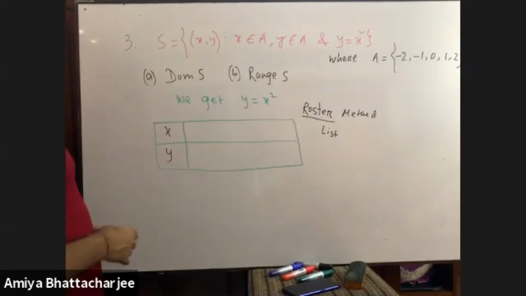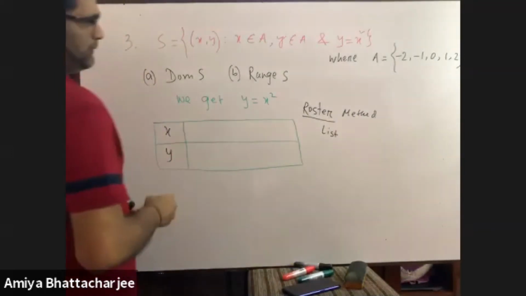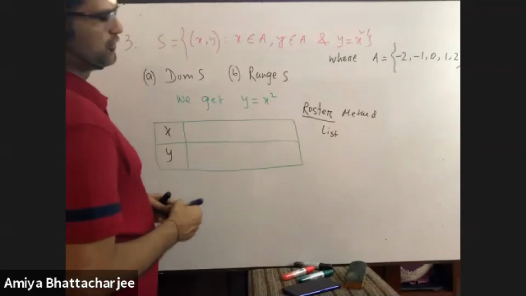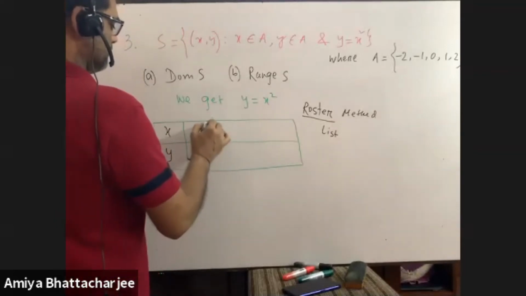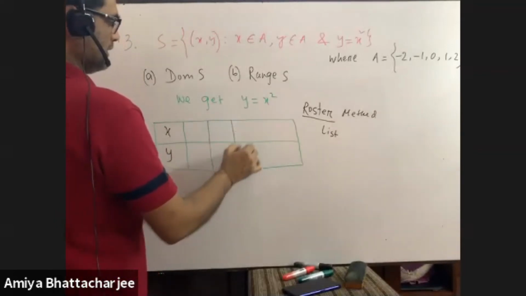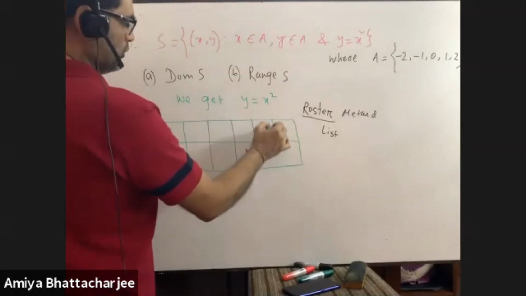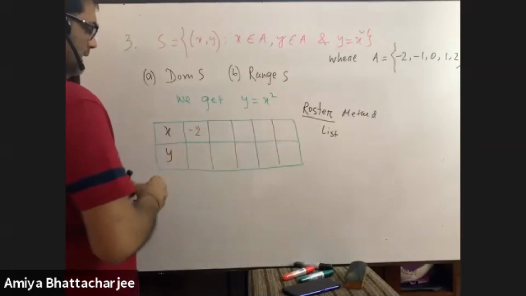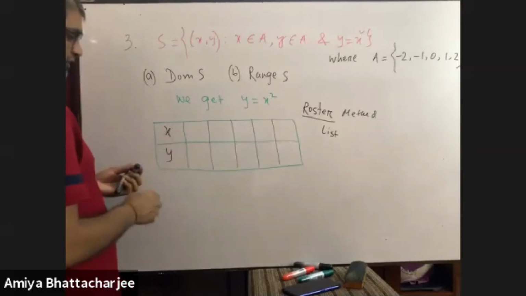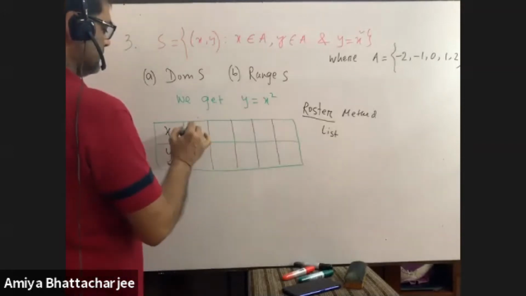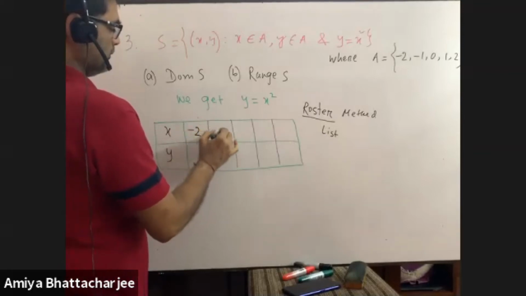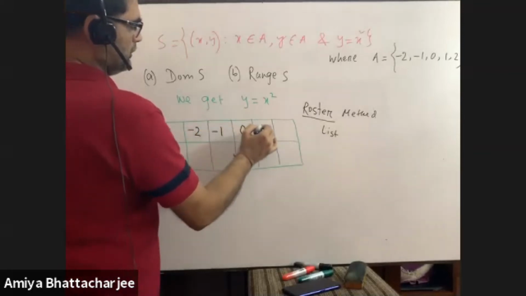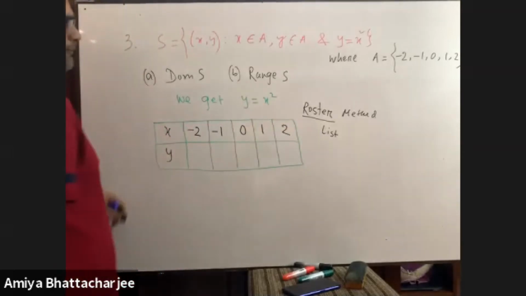Now you see here, A equals -2, -1, 0, 1, 2. I am putting here the values -2, -1, 0, 1, 2 for x.